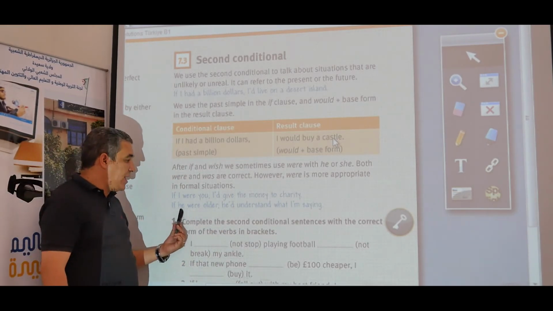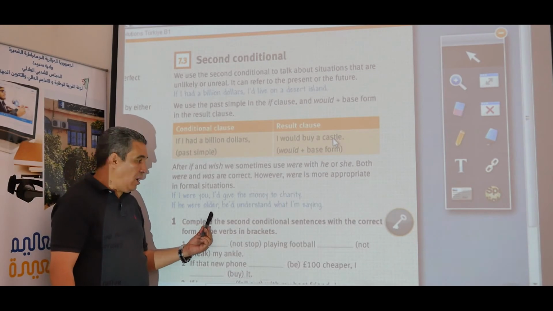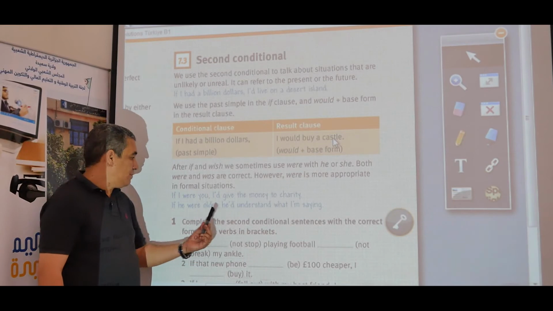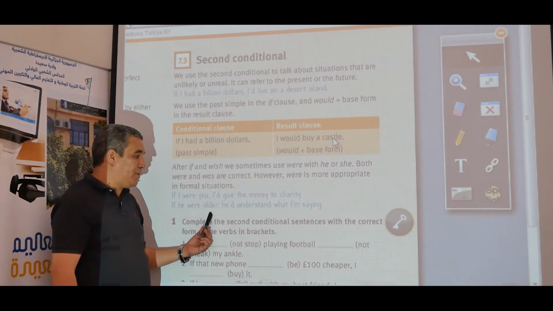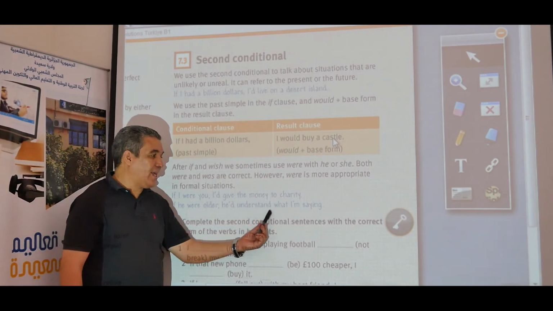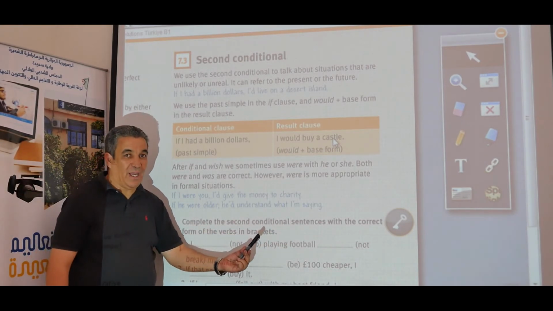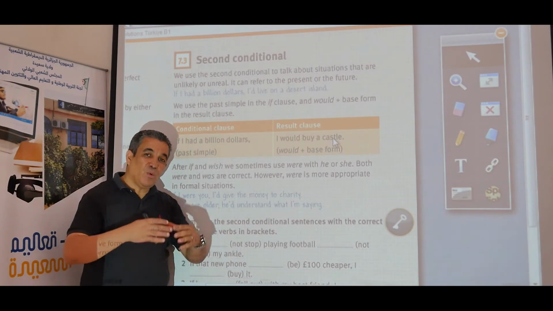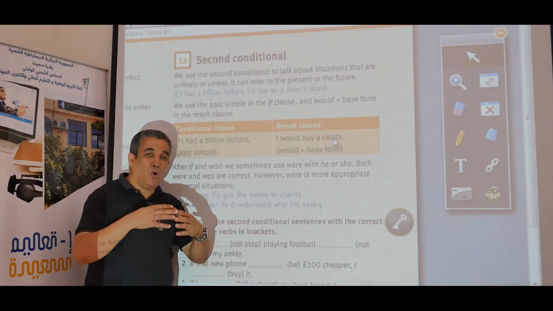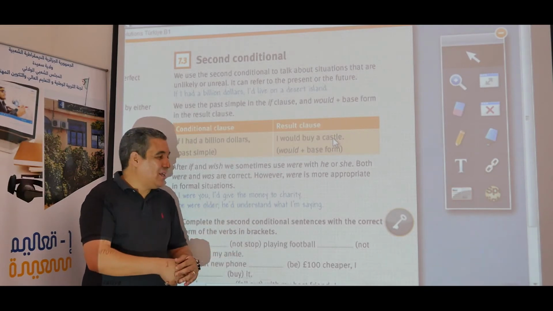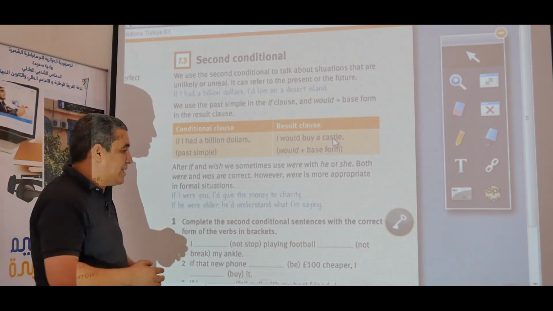Or, if he were older, he'd understand what I'm saying. If he were older, he would understand what I'm saying. Now, in reality, he's not old. That's the reality. That's why we said imaginary situations, or situations that are not real and not likely to happen. Excellent.